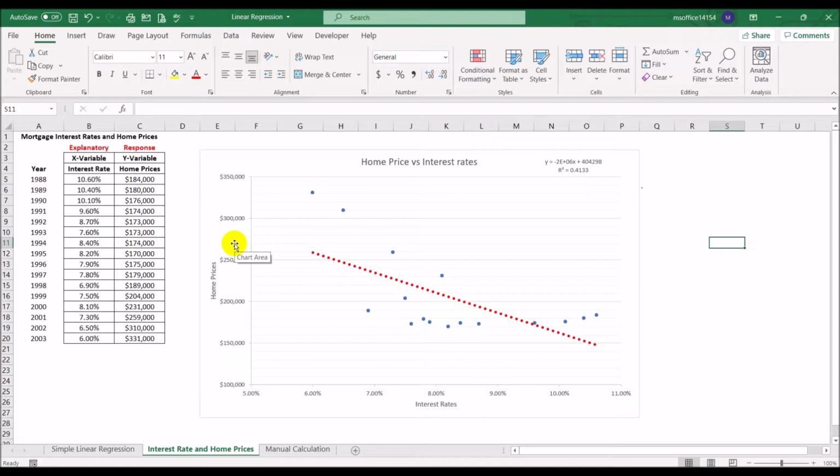If your income is fixed, you will only be able to afford a cheaper home as the interest rates go up. But when the interest rates go down, you'll be able to afford a more expensive home. So that is why this line is a downward sloping line.